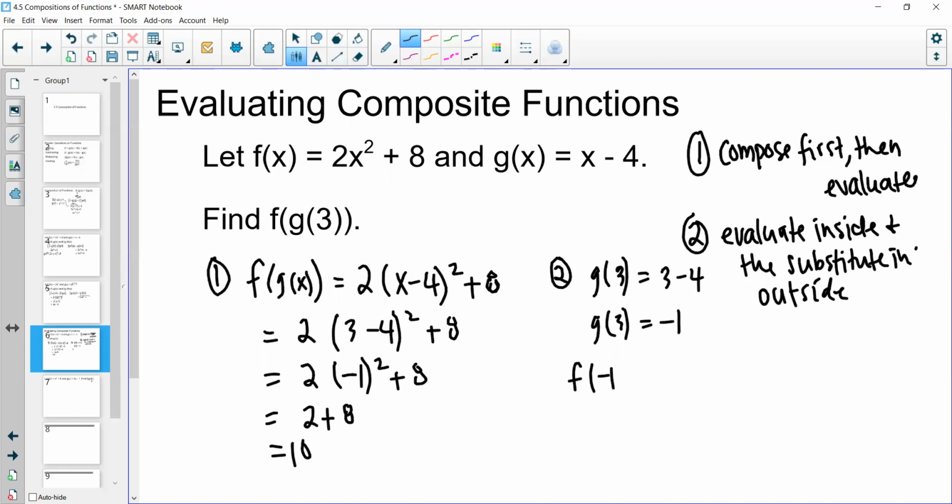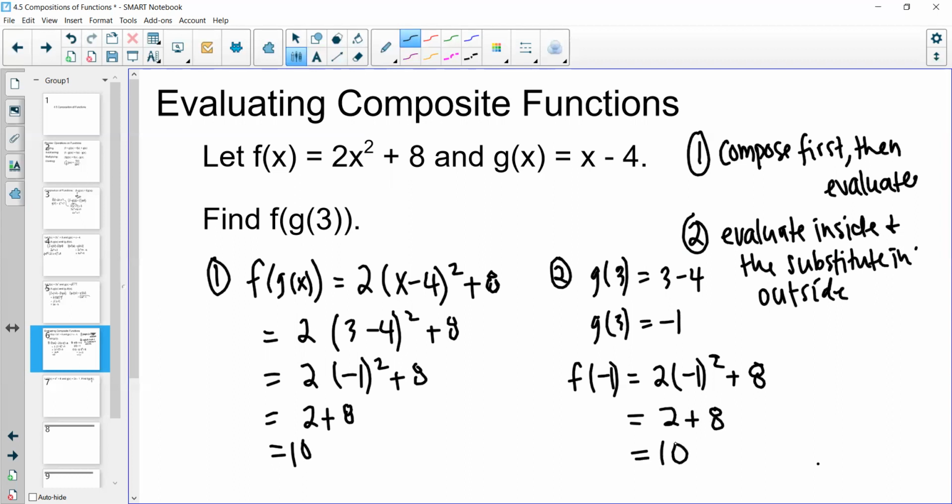So now I'm going to put negative 1 into our f of x, and we get 2 times negative 1 squared plus 8. Awesome. And then negative 1 squared again is 1, and 2 times 1 is 2 plus 8. And this equals 10. So again, either of those options work.